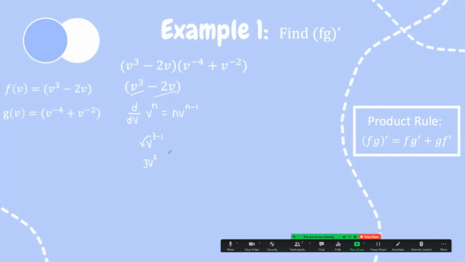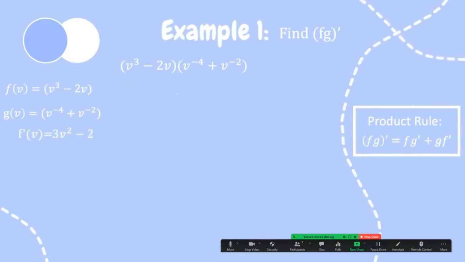Then we have this one, so 2v to the power of 1, pull that down there, then subtract it by 1, so that becomes 2v to the power of 0, or you can just cross that out, and it becomes 2. The derivative of f of v equals 3v squared minus 2.